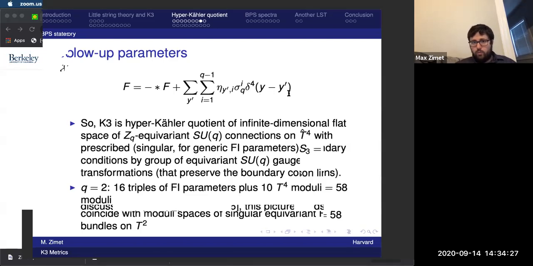Here, y prime indexes the fixed points of the dual torus, and these terms here are just valued in the Cartan subalgebra of the Lie algebra associated via the McKay correspondence to the singularity on the dual torus.